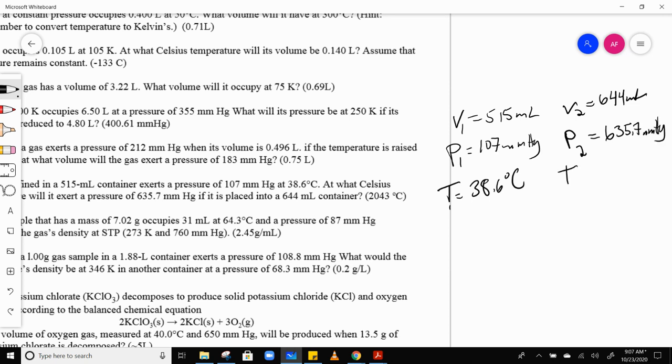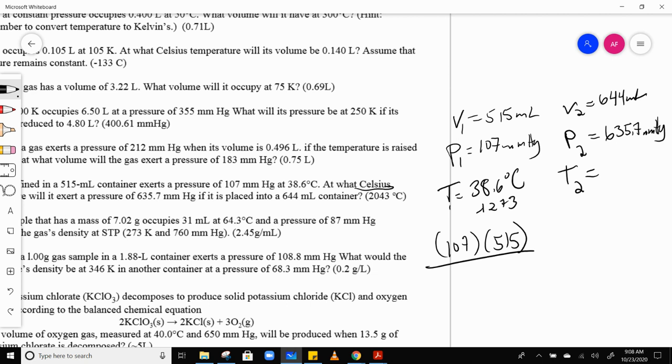And we want to know what is the new temperature. And they want to know it in Celsius, but we can't use Celsius in the equation, so we have to convert to Kelvin first. We're going to get our answer in Kelvin and then subtract 273. Okay, so P1, 107, V1, 515.